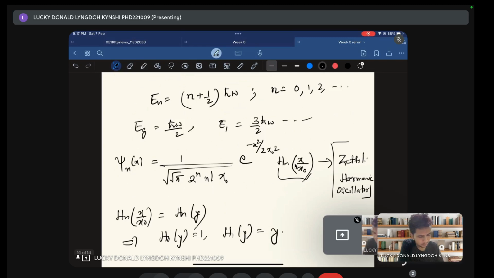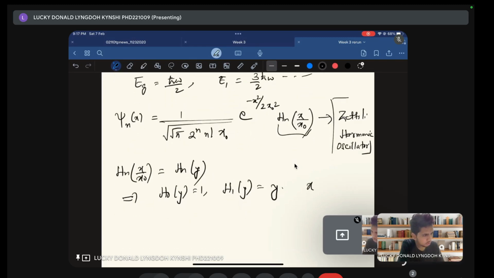And x naught square is equal to h cross divided by m omega. So if you solve any Schrodinger equation, knowing the potential, you will get the wave functions, and also the energy eigenvalues.